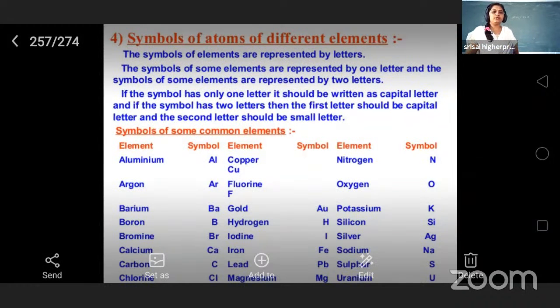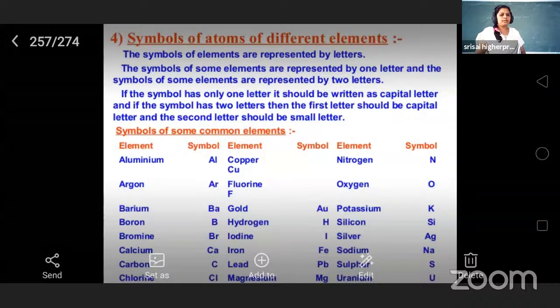And now can you tell me, have you written the atomic number, students?